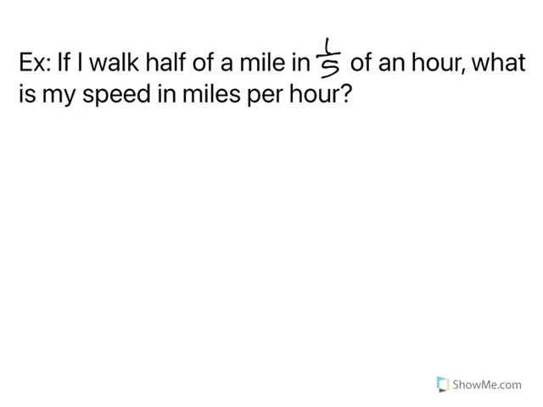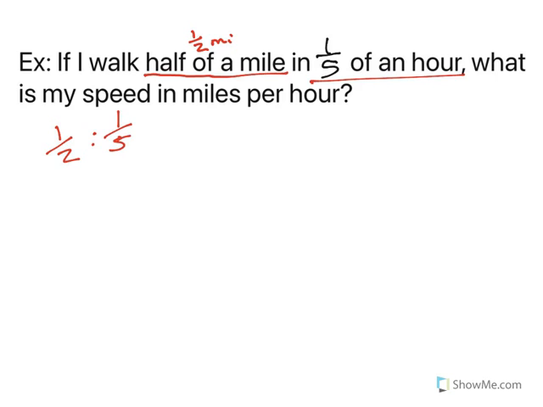If I walk half a mile in 1/5 of an hour, what is my speed in miles per hour? Okay, so first thing, I did a little trickery here. Half of a mile, so that's 1/2 of a mile in 1/5 of an hour. So think about this. I have 1/2 to 1/5, right? We're talking miles to hours.